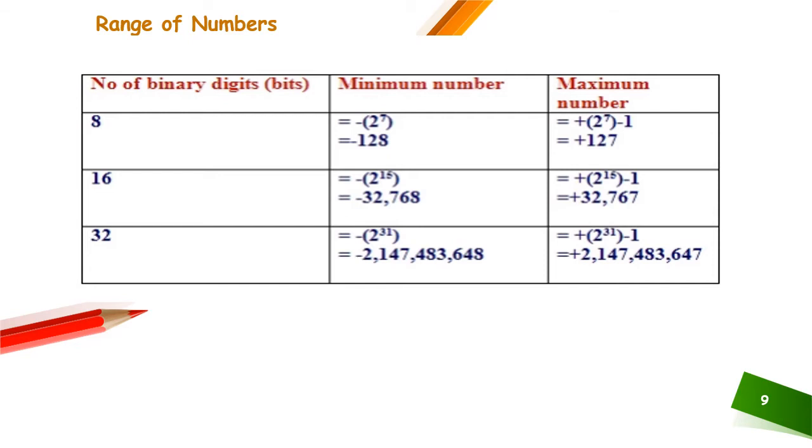So the minimum number is -128, means -2 raised to 7, and maximum is 2 raised to 7 minus 1, that is 127, means -128 to +127. For 16-bit representation, the range is minus 32,768 to plus 32,767. If the bits are 32, then the minimum is minus 2 raised to 31 to plus 2 raised to 31 minus 1. So this is the range.